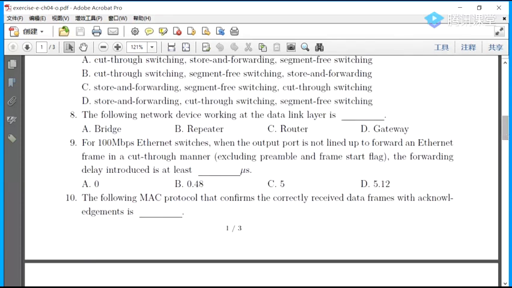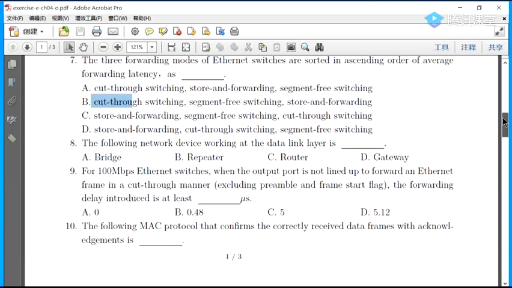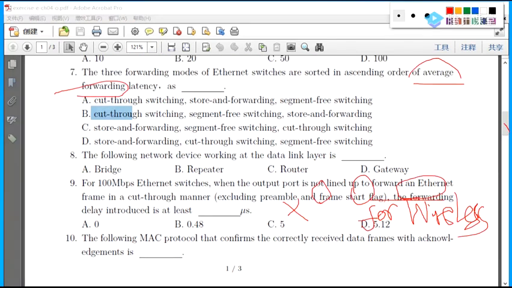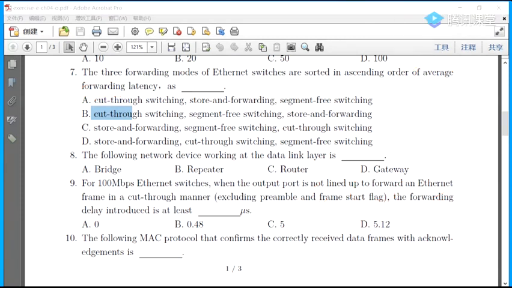We have explained cut through: after 6 bytes are received, the switch begins to forward.